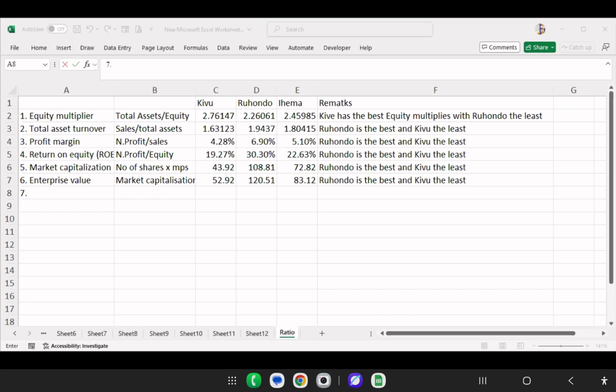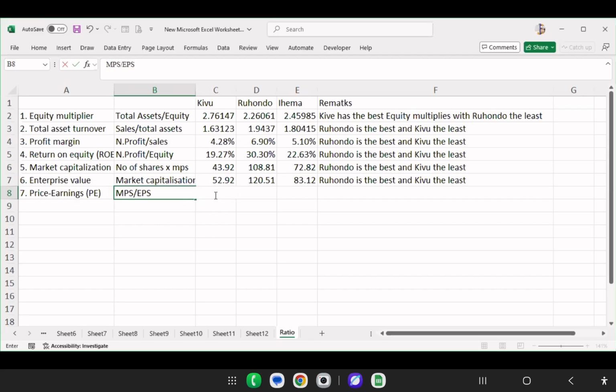Good. Let's continue. The next ratio is the price earnings ratio. MPS over EPS.